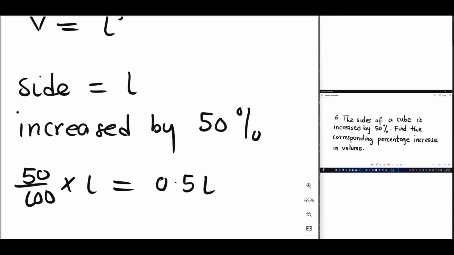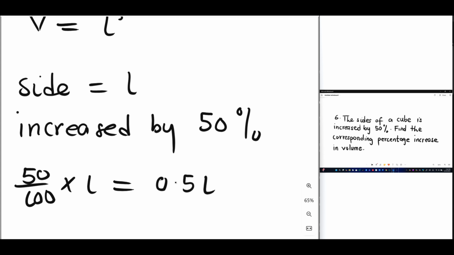This simply means that if you have 10 cedis and it has been increased by 50%, what is the increment? You are going to get 15 cedis, but the increment is the 5 cedis that has been added. Half of 10 cedis is 5 cedis.